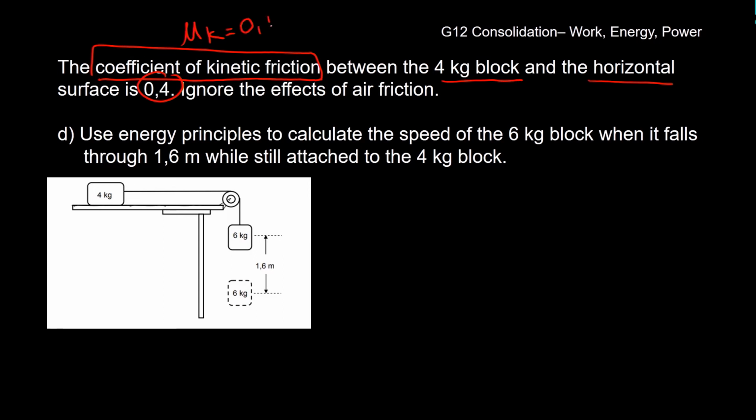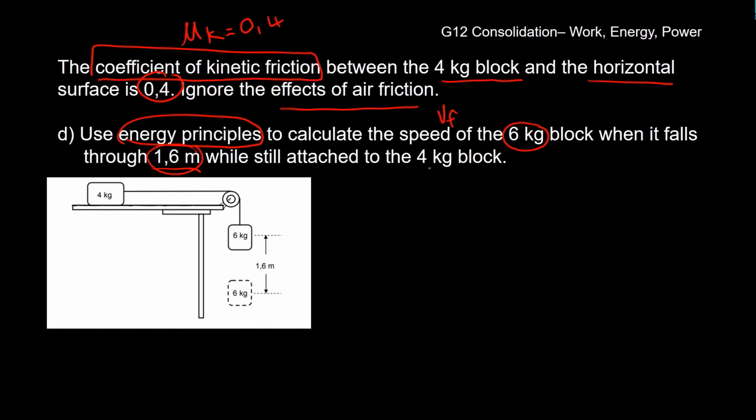So we've been introduced to friction. We've been told to ignore the effects of air friction. Now use energy principles to calculate the speed, v, of the 6 kilogram block when it falls through this distance. So we're being asked to find the final velocity because it's already fallen through the 1.6 meters.